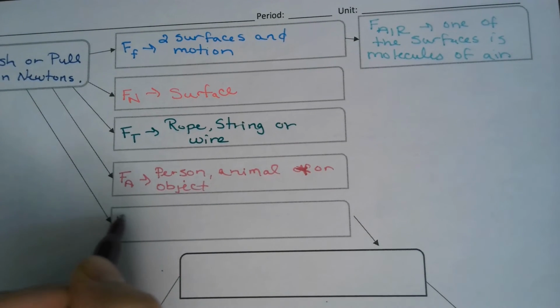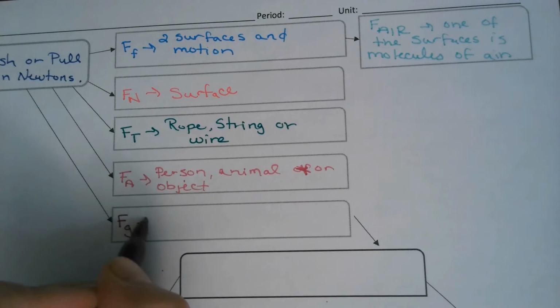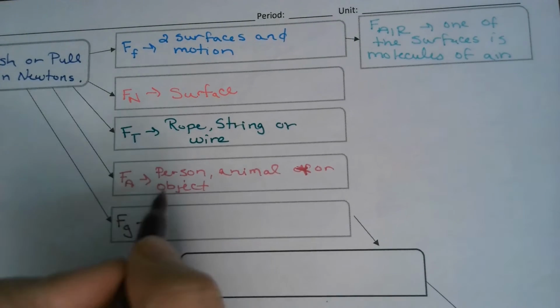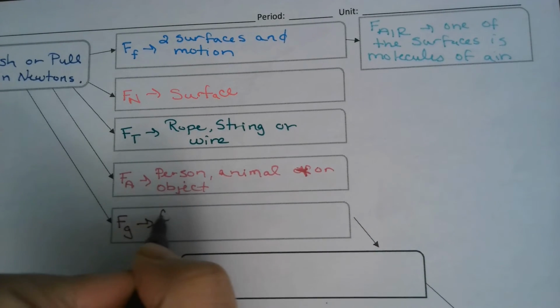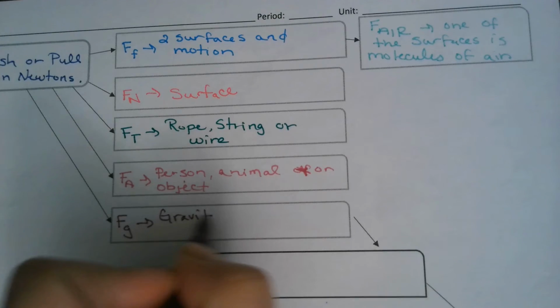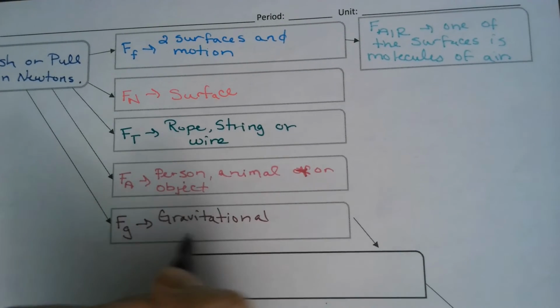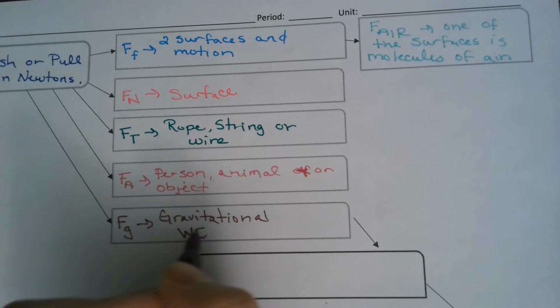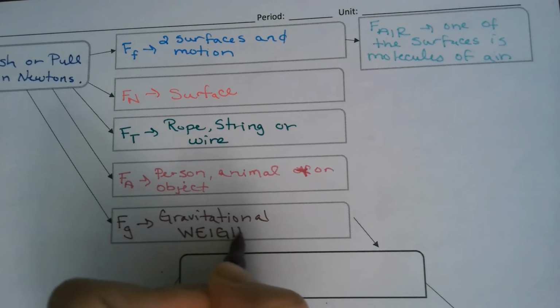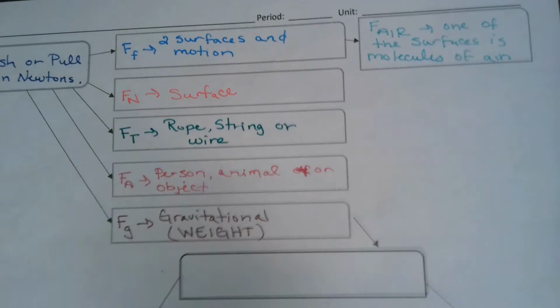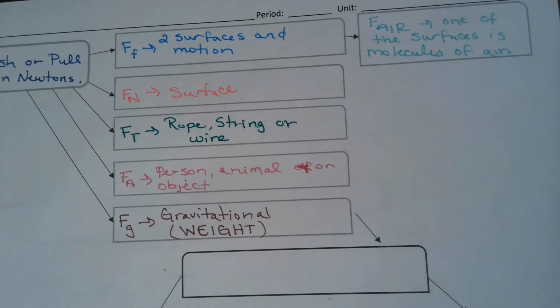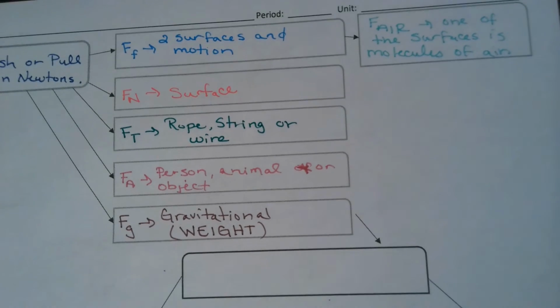Gravitational force, you wrote on your note card, is also known as weight. So gravitational force is the planet pushing you down on Earth, which is actually the weight that an object is experiencing.